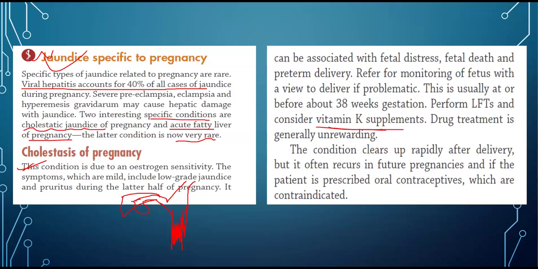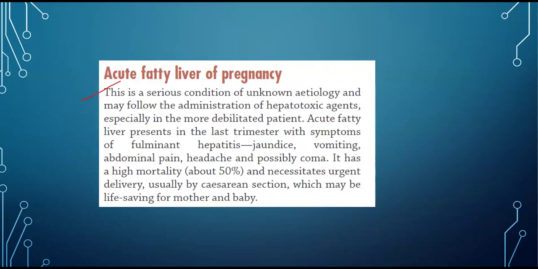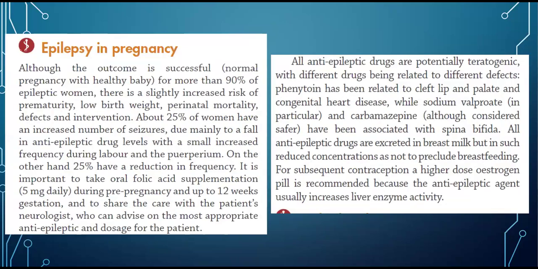Ideally, for cholestasis of pregnancy, your aim should be to go for delivery near term. This condition usually gets better after delivery, but there is a chance that it can recur in future pregnancies as well. And if a patient has developed cholestatic jaundice during pregnancy, we don't give oral contraceptives to that patient anymore because it increases the risk. Acute fatty liver is not important.